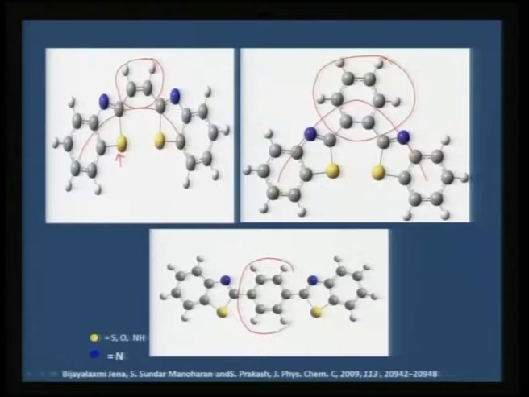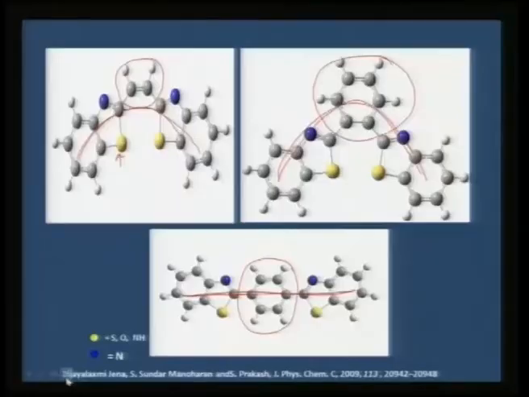Therefore you can have a linker like this and substitute the benzthiazole in the 1,4 position. So the electron pathway will be in this direction. So if it is either this way or this way or this way, how does the electron delocalization in these molecules, which is going to affect the PL emission, is what is to be studied.